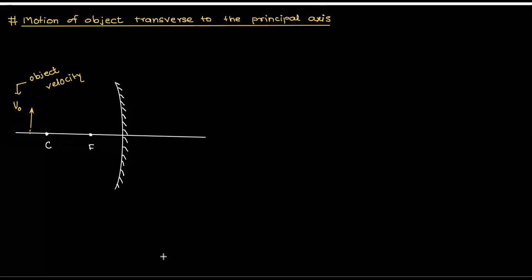And now this is its image. Yes, this is the image, and let us suppose it is moving with velocity vi. What is this? Image velocity. And of course here it is the pole of the mirror.